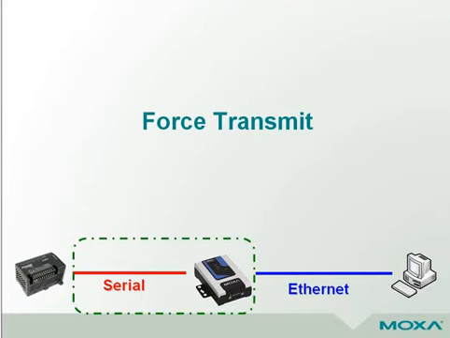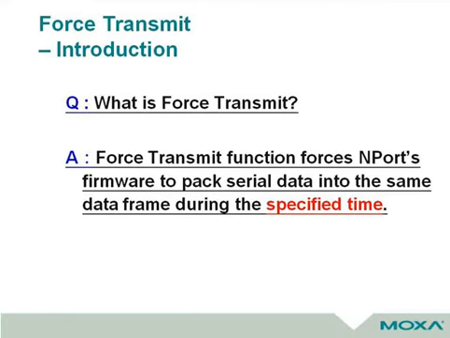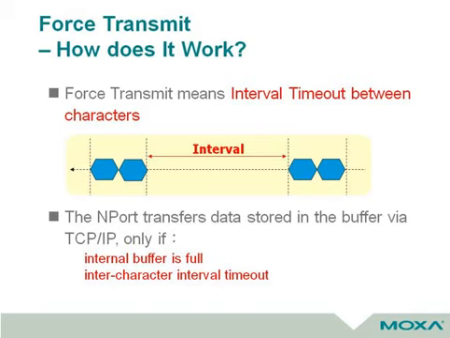Next, I would like to show you what force transmit is. The force transmit function forces the serial data in NPort's firmware to be passed into the same data frame during a specific time. Briefly, force transmit means the interval timeout between characters.